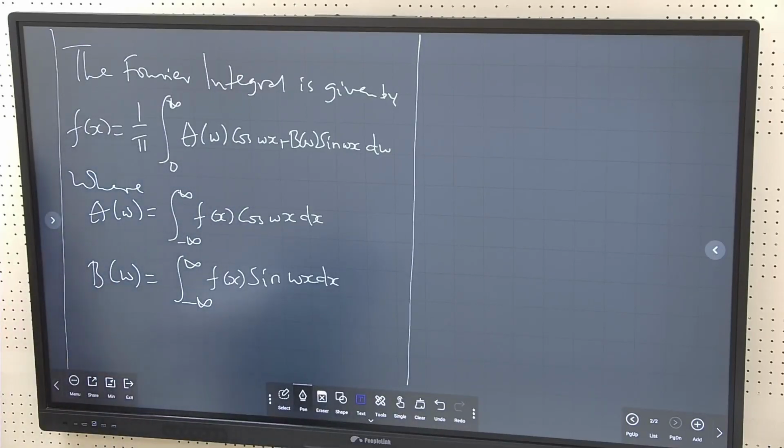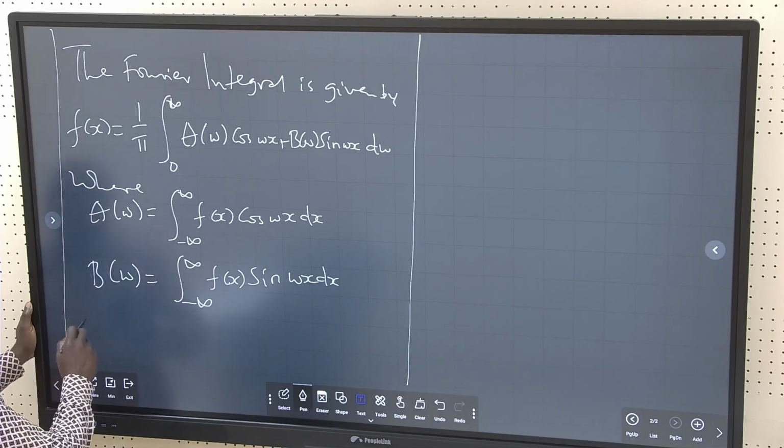So this is how the Fourier integral can be used to represent a function f of x: 1 over pi, the integral from 0 to infinity of a omega multiplied by cosine omega x added to b omega multiplied by sine omega x, with respect to omega. We call a omega and b omega the Fourier integral constants or coefficients.